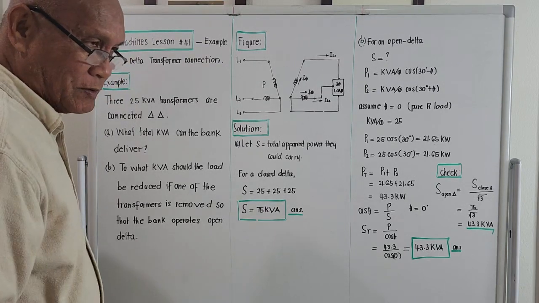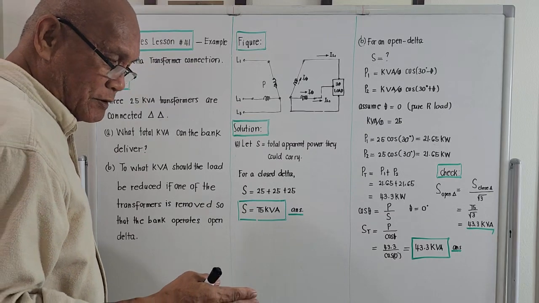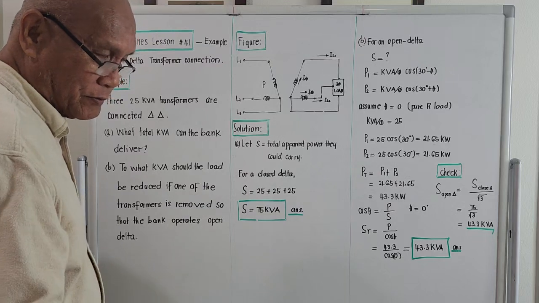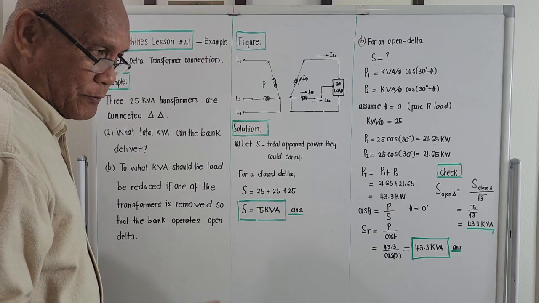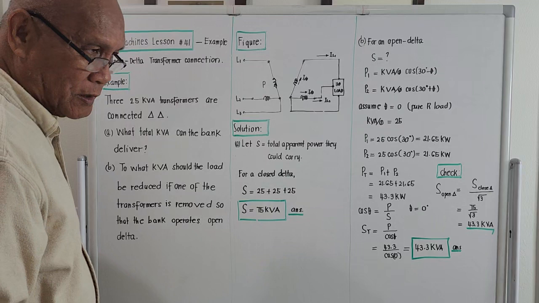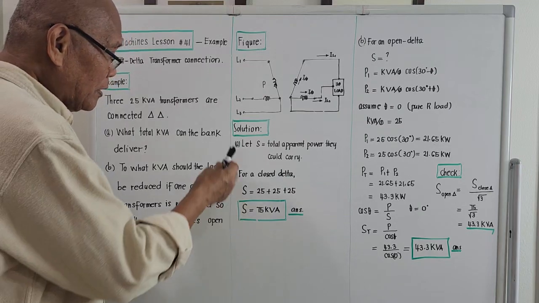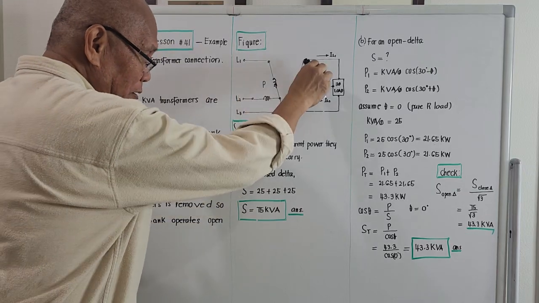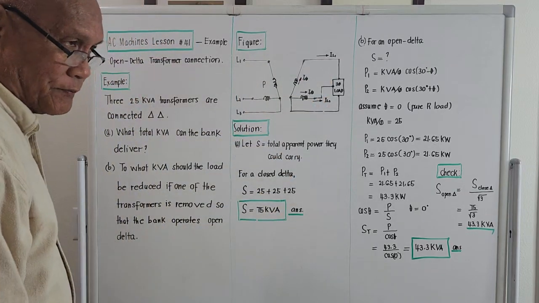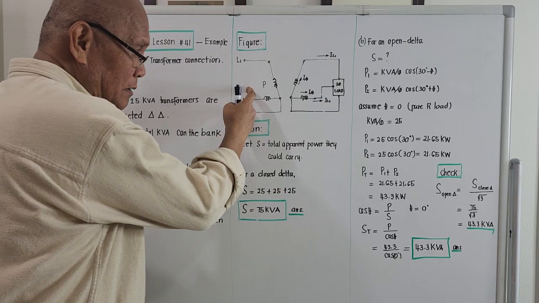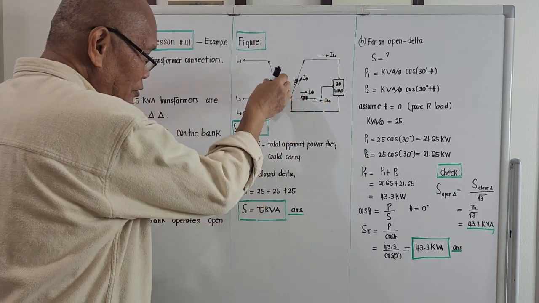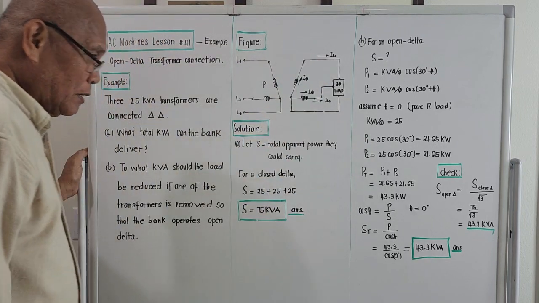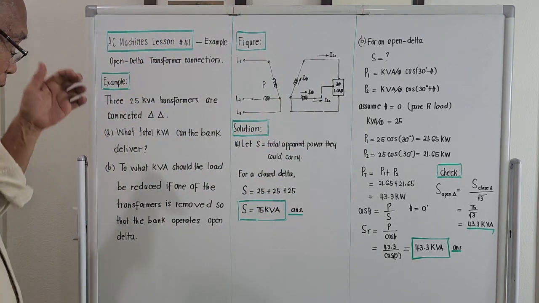So it is necessary that power should still be delivered to the customer, so they operated the transformers as open delta. For the given figure now, we are on an open delta configuration, meaning the primary is open, the secondary is open, one transformer is missing. Let's try to bring out the solution.